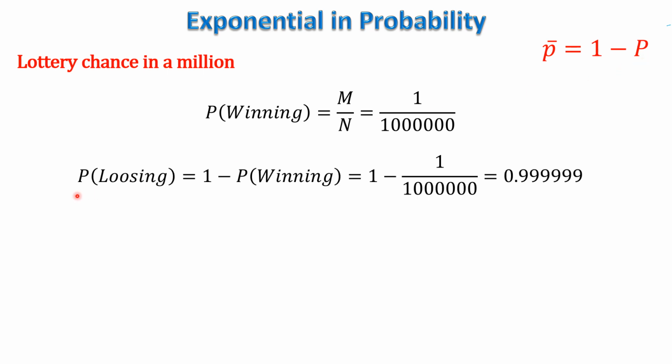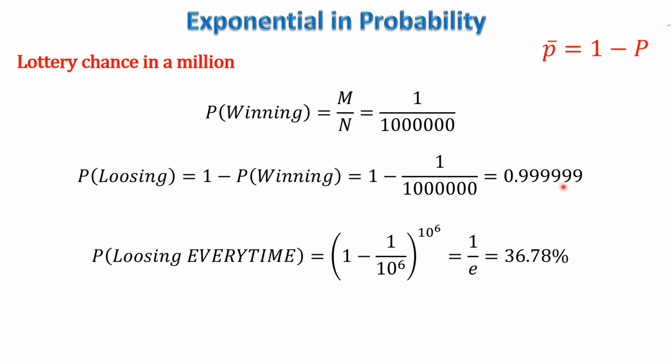So the probability of losing is equal to 1 minus the probability of winning, so that the total probability is conserved to 1, that is 100%. So 1 minus 1 upon 1 million leads to 0.999999, that is, the probability of losing is abundant, near to 100%.